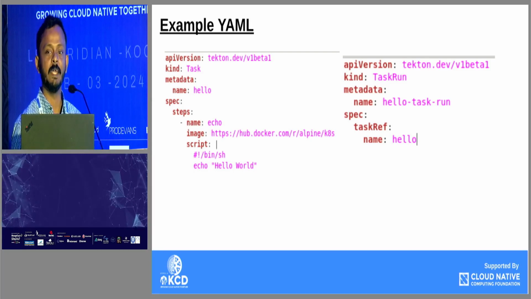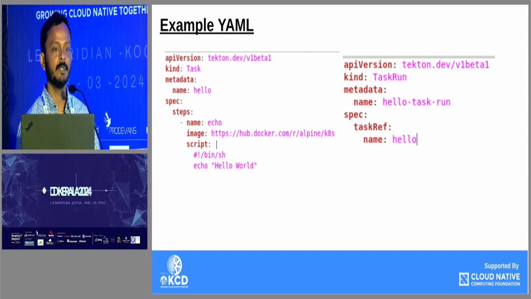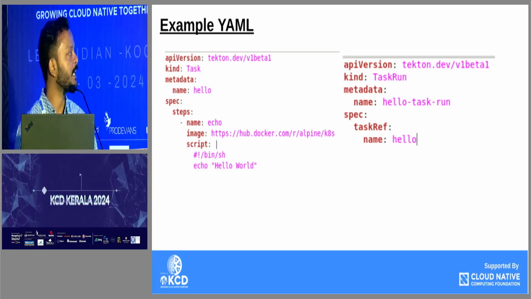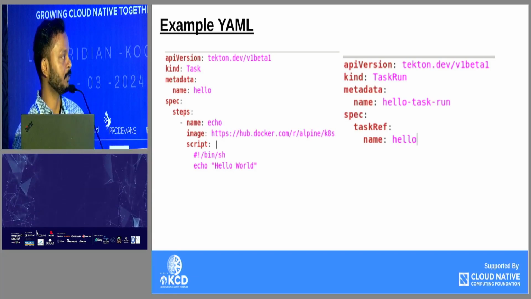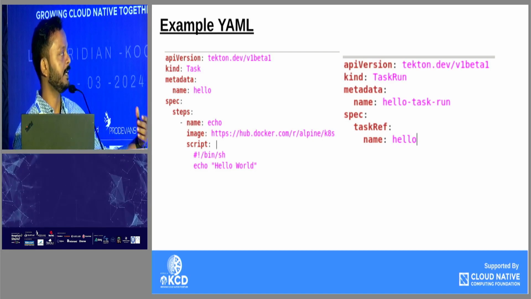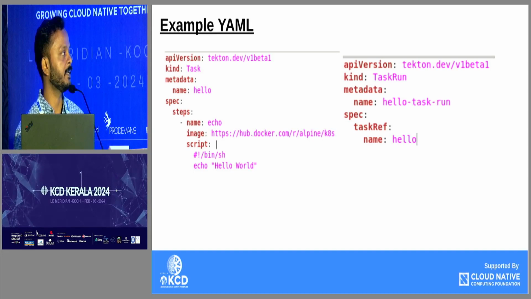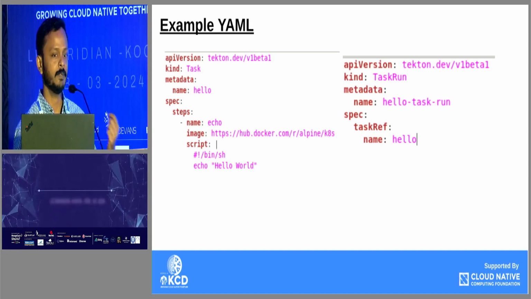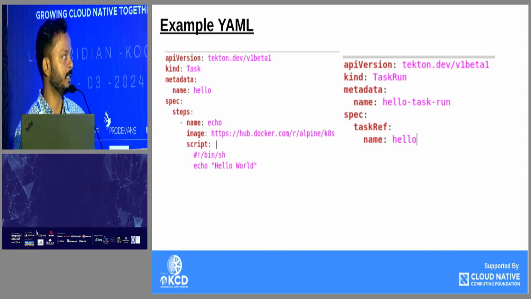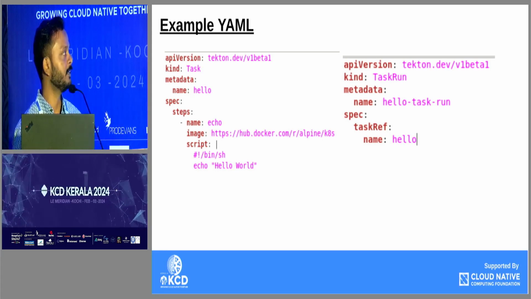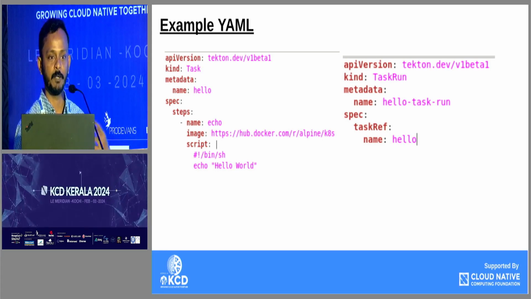Any step which needs to be executed needs an image reference on the basis of which that script binary can be executed. So if I am executing a shell script, I need an image reference which has shell script capability. If I have to do a Maven build, I need an image which is capable of doing a Maven build.